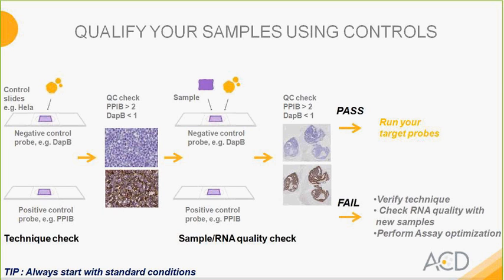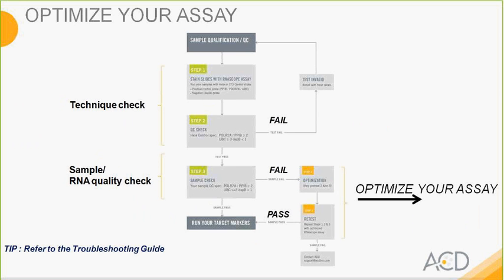As a recommendation, we always require that you start with standard conditions to know the status of your sample. This is just an outline of how to perform optimization: performing a technique check, and a sample and RNA quality check. In the event that the technique check fails, you can repeat and revalidate the technique.